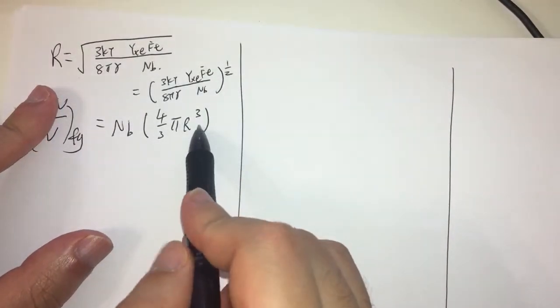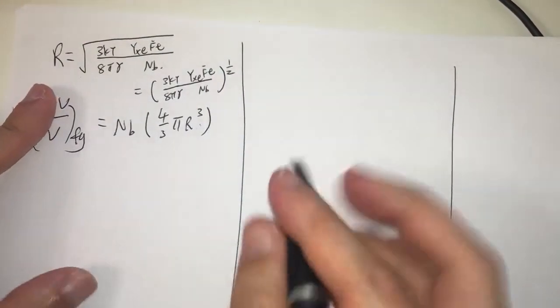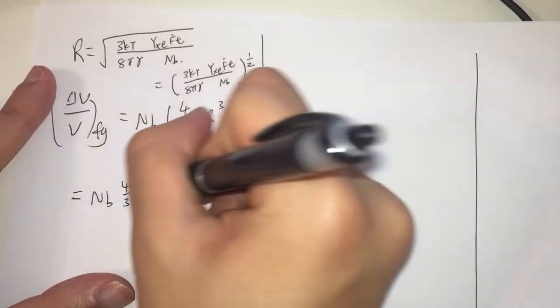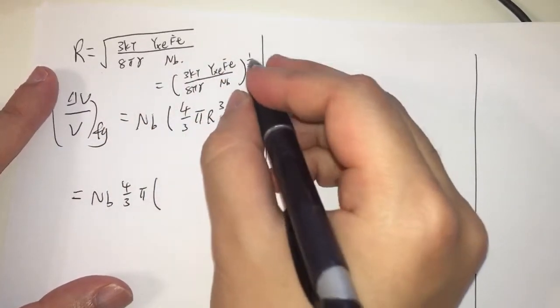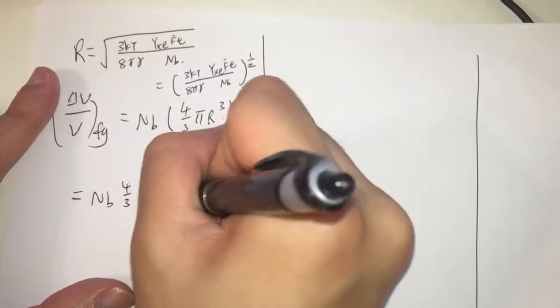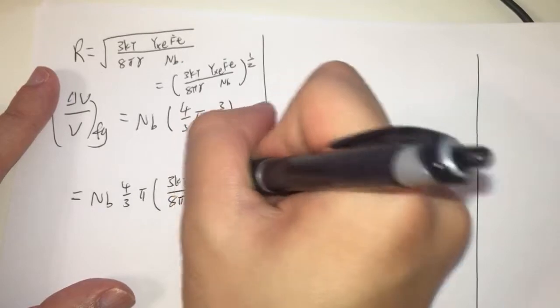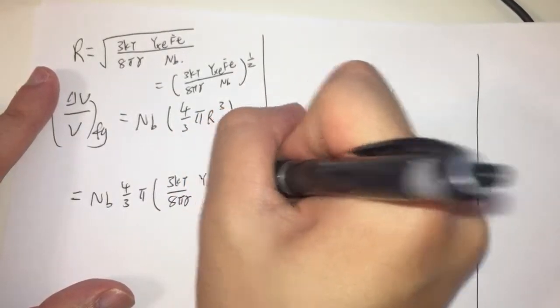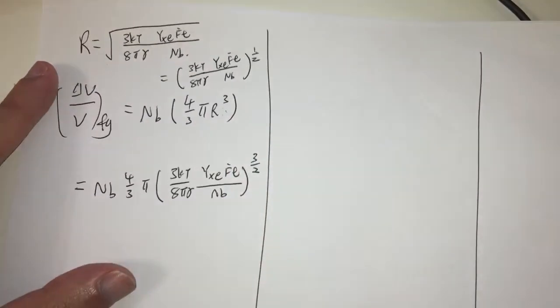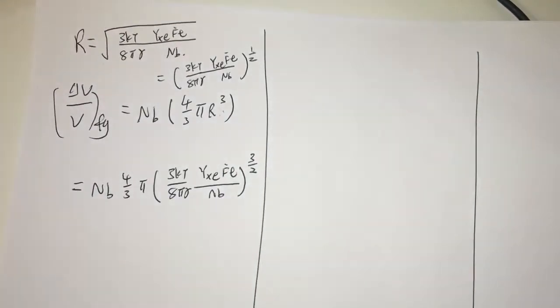So if we want to substitute into this r cubed equation, it's quite simple: m_b times 4 over 3 pi, times 3kT over 8 pi gamma, Y_Xe F t over m_b, to the power of 3 over 2. So that's pretty much what we have here.